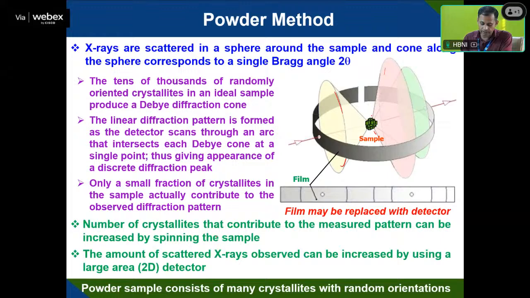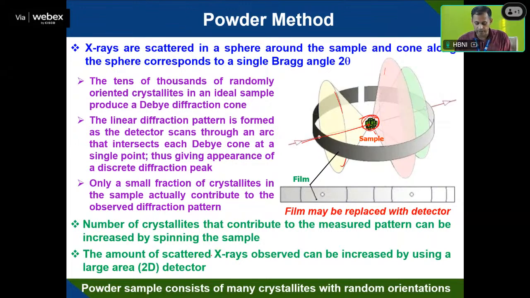The number of crystallites that contribute to the measured pattern can be increased by spinning the sample. Like in a single crystal system, if the sample is spinning, your interaction will be more, so more crystalline planes come into the picture.